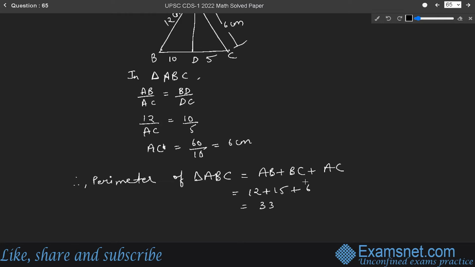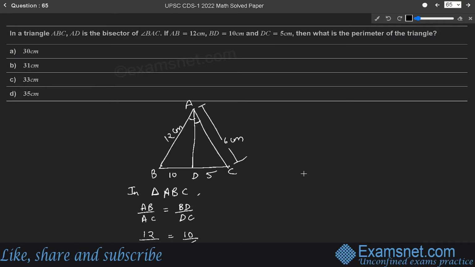So we can say that the perimeter of the given triangle is 33. Therefore, the correct option for this question is option C, which is 33 centimeter. I hope it is clear to you.